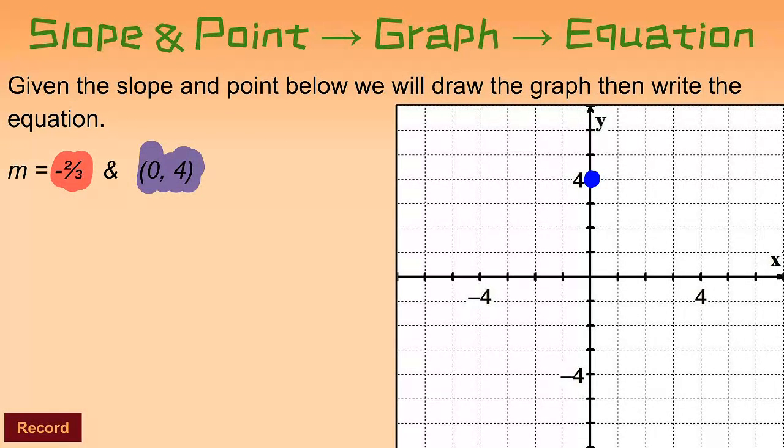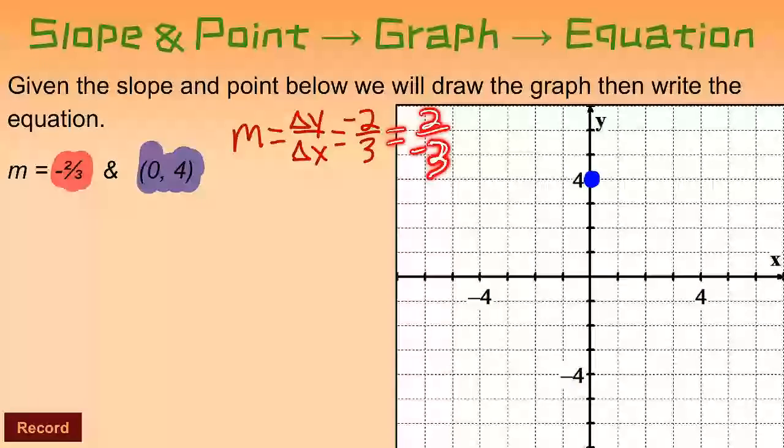Remember that since slope is equal to delta y over delta x, that's going to be negative 2 over 3. We could also write 2 over negative 3, and we might do that as well. So we're going to look at it both ways probably. But so negative 2 for our delta y means we go down 2, and positive 3 for our delta x means we go to the right 3.